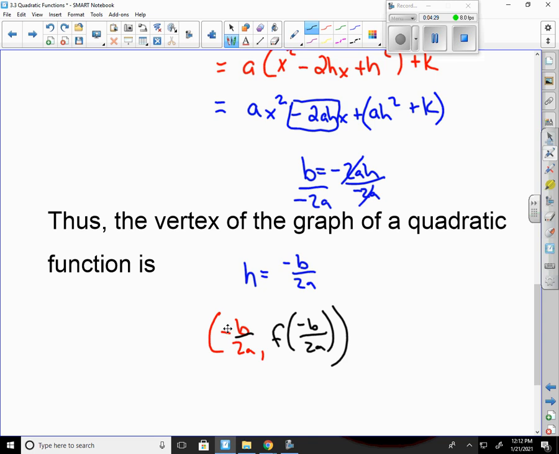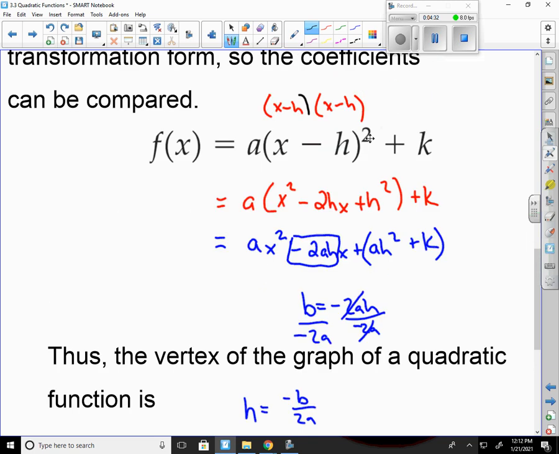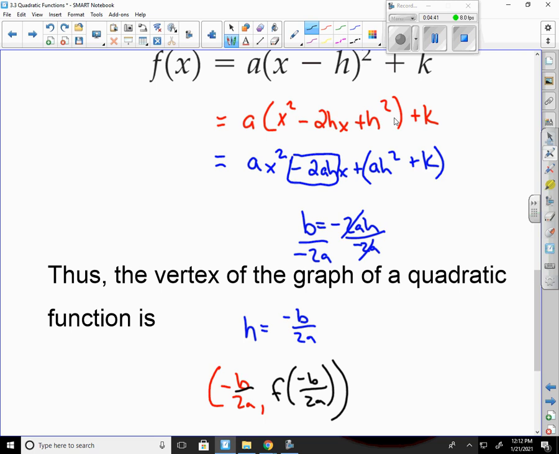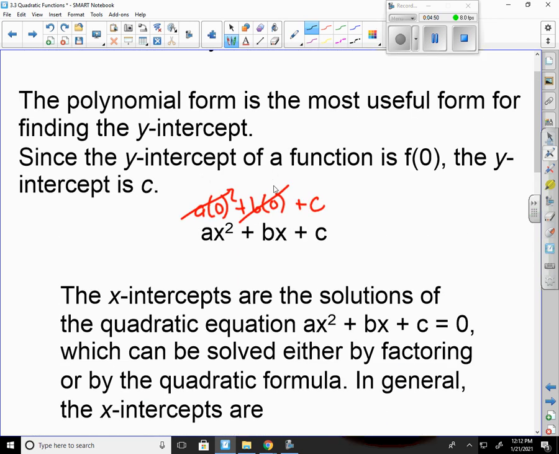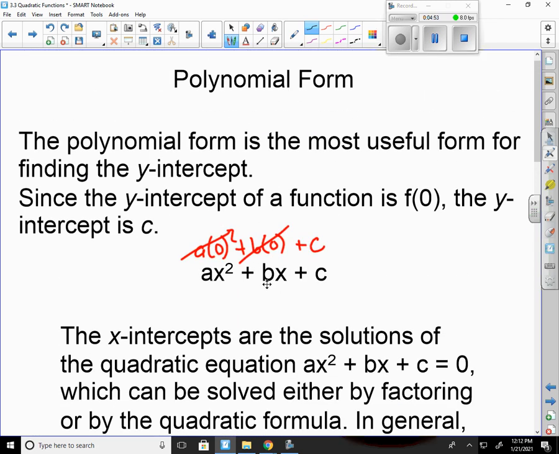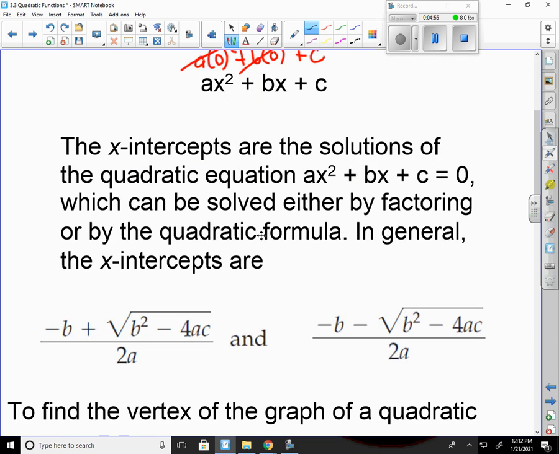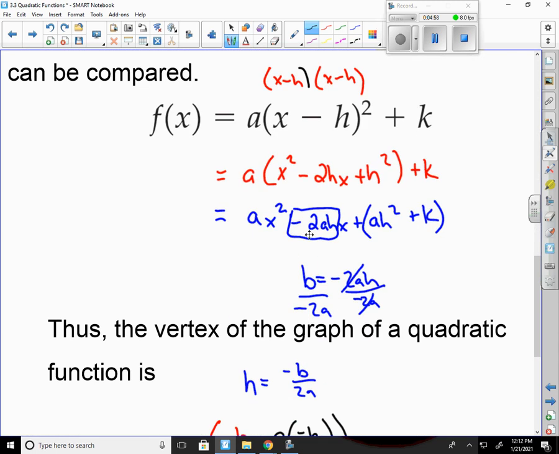This part, my h value in this equation, which is the x value of my vertex, we did all of this just to solve what that b value was, because if I'm looking at my polynomial form, b is the middle number that's with the x. So the number that's with the x down here has to be equal to b. We know that h is the vertex, so this negative 2ah is equal to the b.